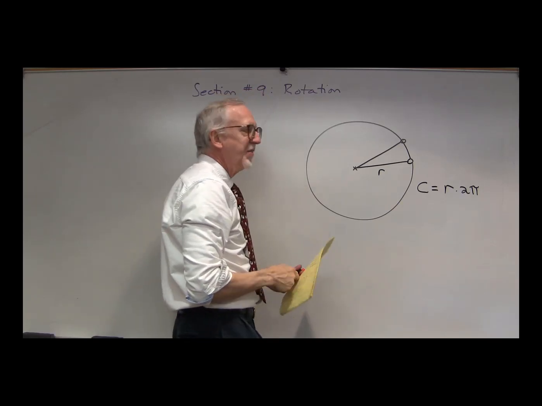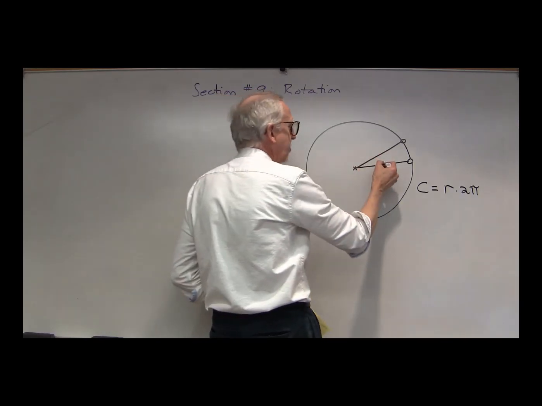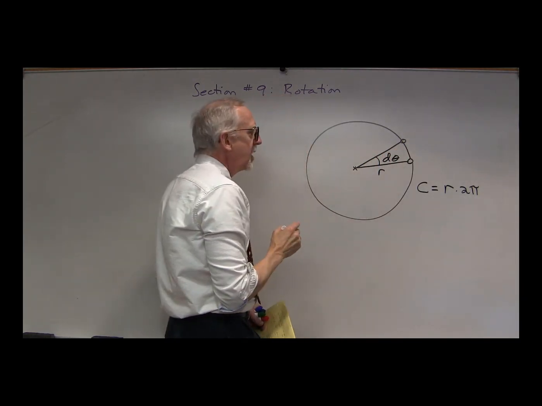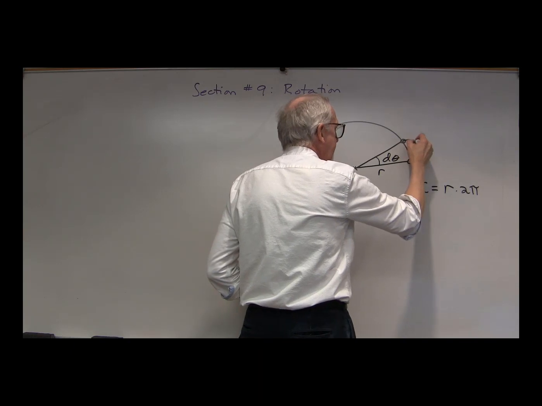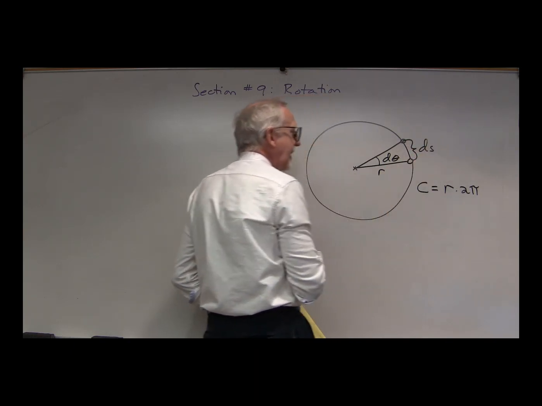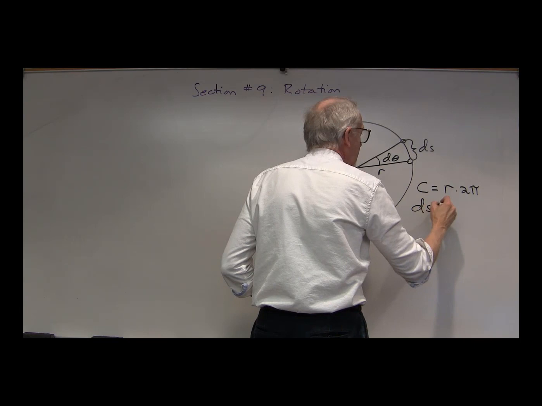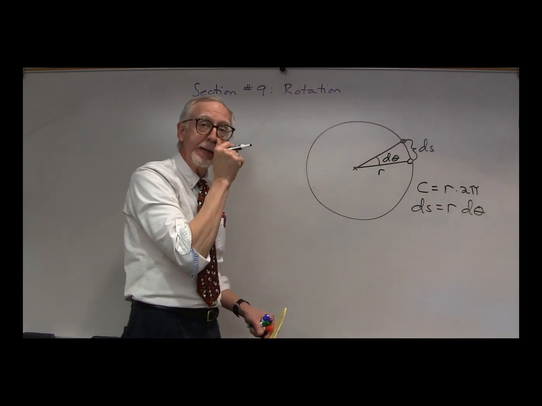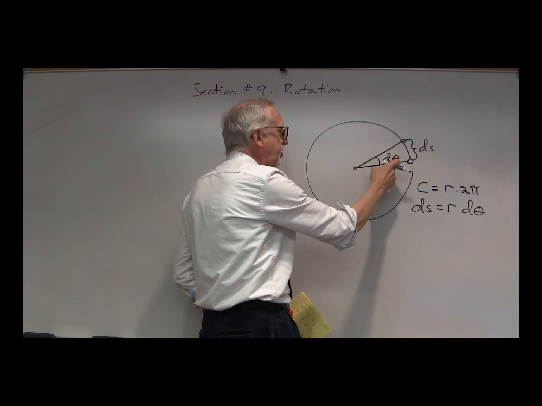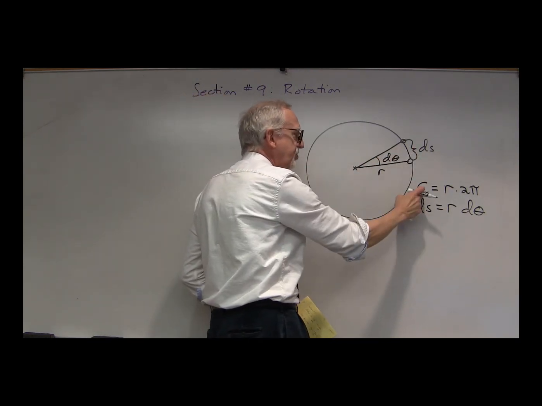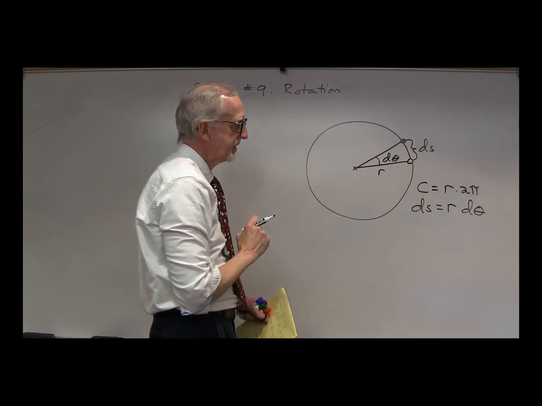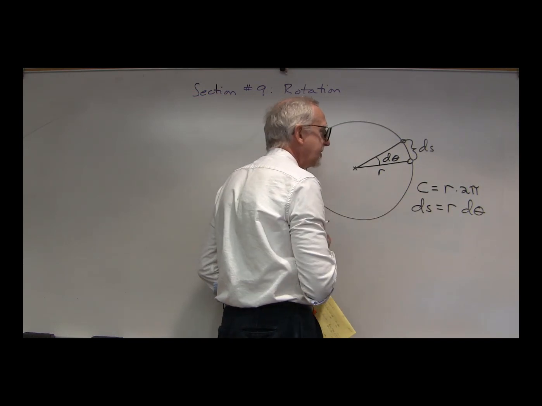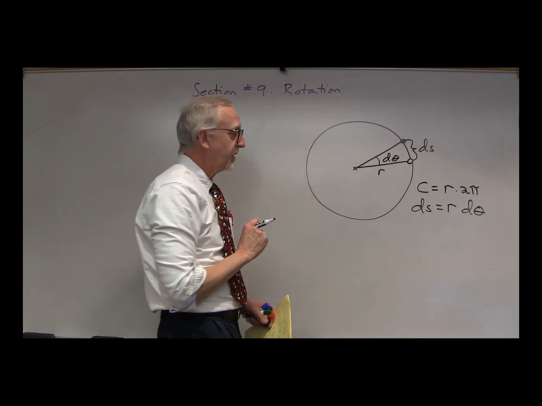If it travels a smaller angle, d theta, then the distance traveled, ds, is equal to r times d theta.